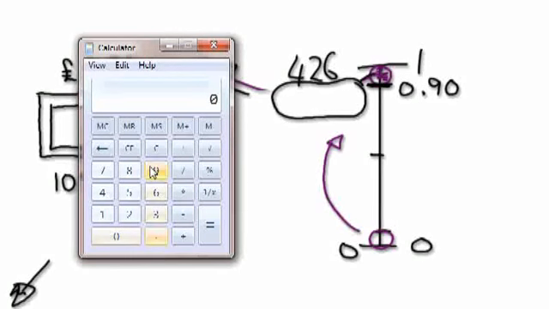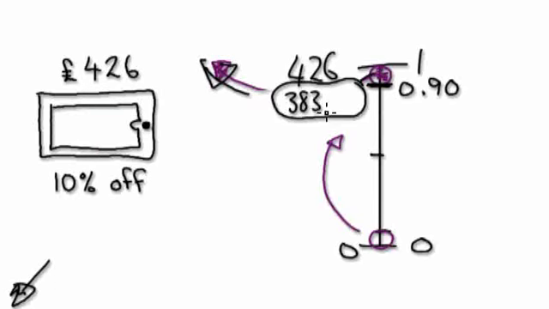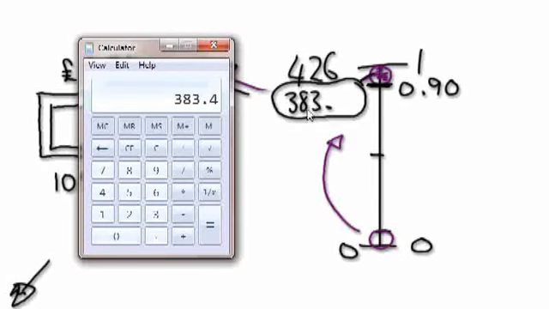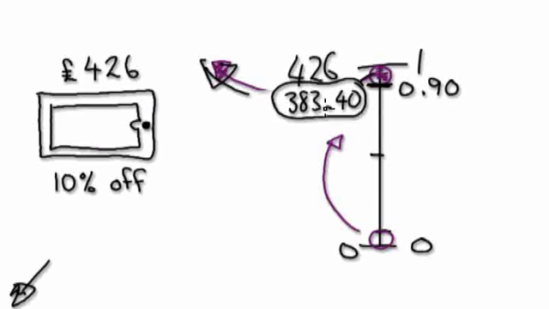So it's basically 0.9 times the original, 426, equals 383.40. So that's how much you need to pay for the iPad, for this tablet, when they've given you 10% off. Okay.